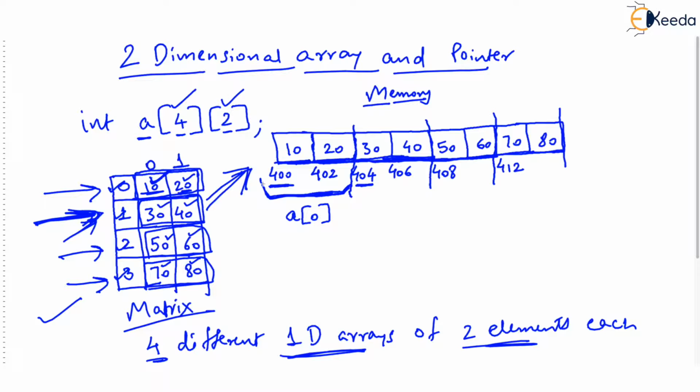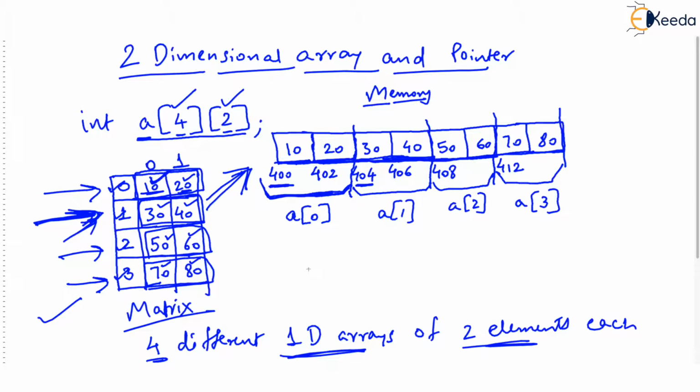Just check. It is a 2D array, but we are writing only a single subscript over here. Similarly, this portion, which is storing 30, 40, is A1. This portion, which is storing 50, 60, is A2. And the final portion, which is storing 70, 80, is A3.